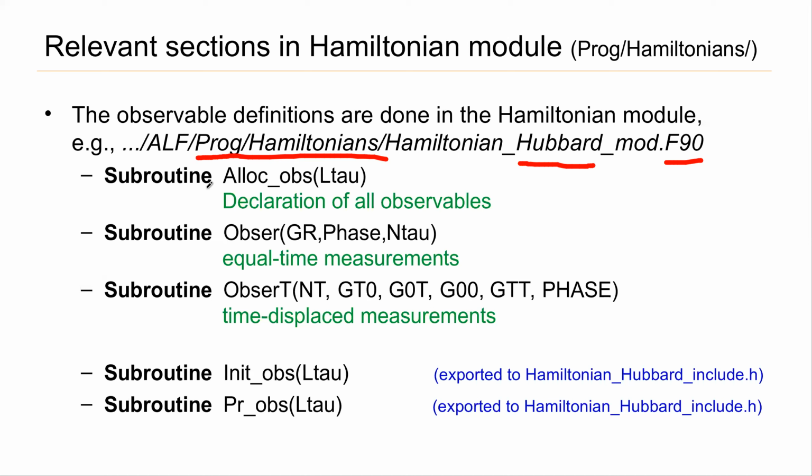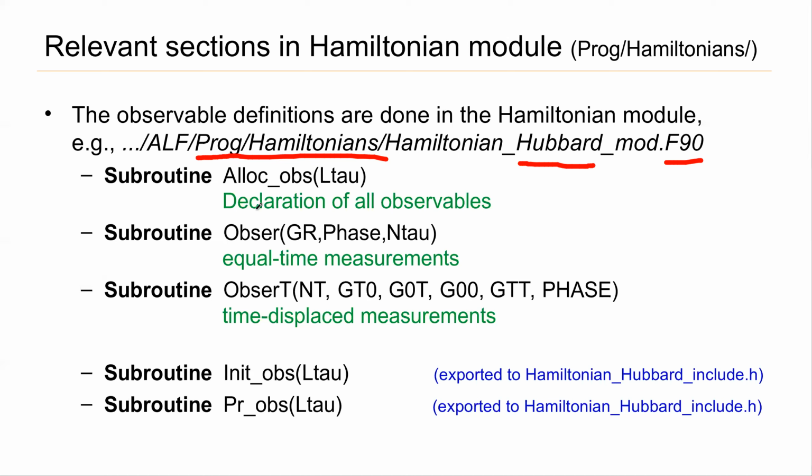The main routine is the alloc ops subroutine, which defines and declares all the different observables that you want to measure. It will allocate the memory required for this. It will define the file name in which you want to store the data.